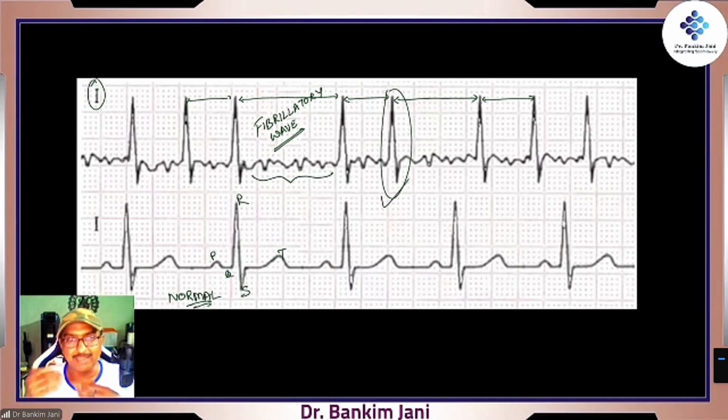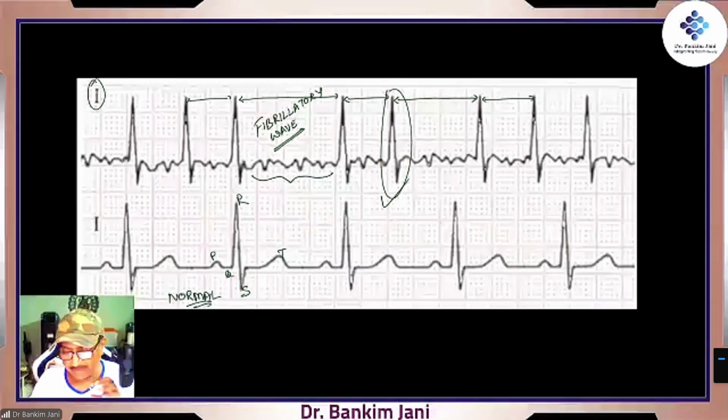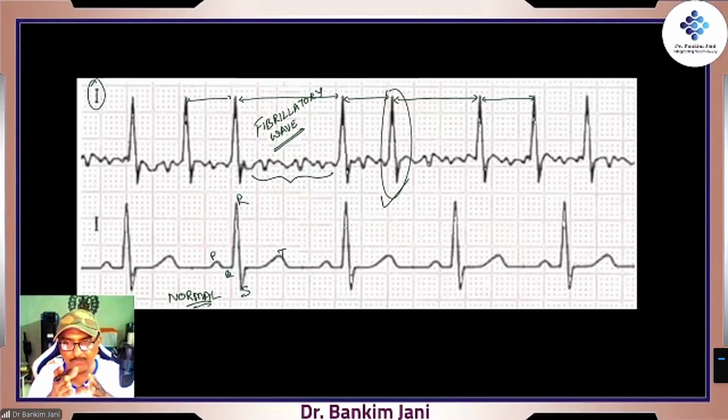But now the AV node needs some time because there is a refractory period. During that period, even if a strong signal comes, the AV node will keep its eyes closed. It will not work. So the signals are constantly coming, and as it comes out of the refractory period, a signal arrives and it responds. So here is another one.